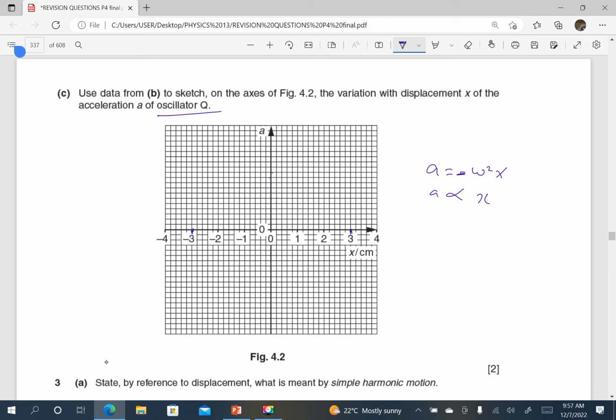Can I use 1, 2, 3, 4, 5? I'll call that one 0.4. 1, 2, 3, 4, 5, 0.8. That will be very small.